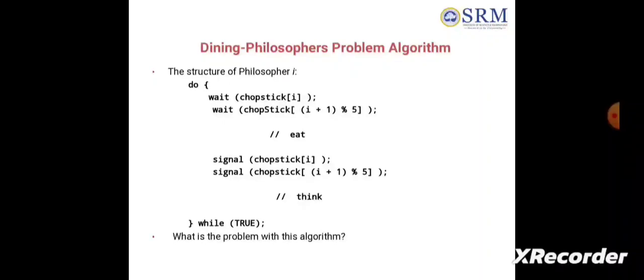Once the current philosopher who is in the eating state completes his work, he will give a signal for the ith chopstick and the i plus 1 chopstick. And those processes that are waiting for those chopsticks can now get them and continue their process.